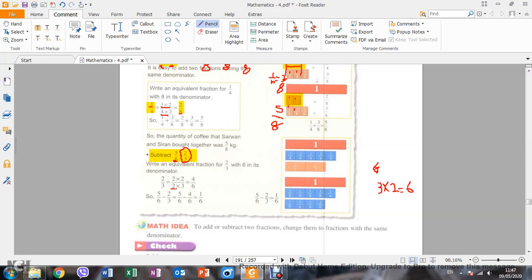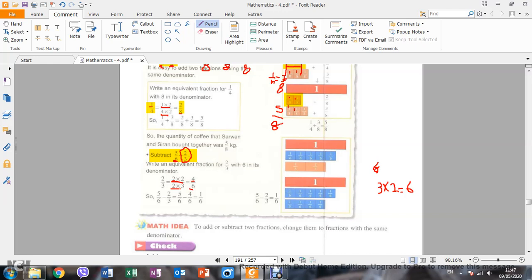We multiply the denominator by 2. You should multiply the numerator by 2 too. If you multiply the denominator by any number, you should multiply the numerator by the same number. So now equal to what? 2 times 2 is 4, and 2 times 3 is 6. Okay, now we have 4/6.